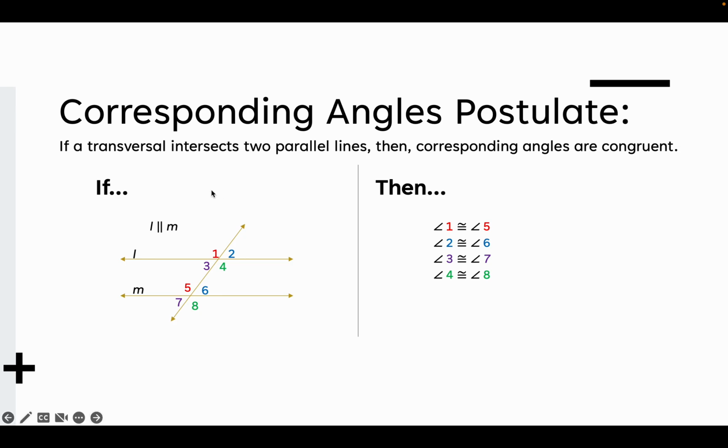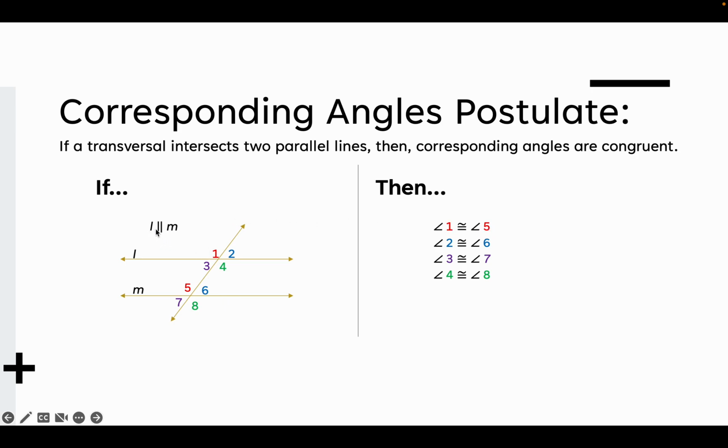This postulate says if a transversal intersects two parallel lines, then corresponding angles are congruent. Without all the words, let's try that again. If L is parallel to M, then the corresponding angles are congruent.